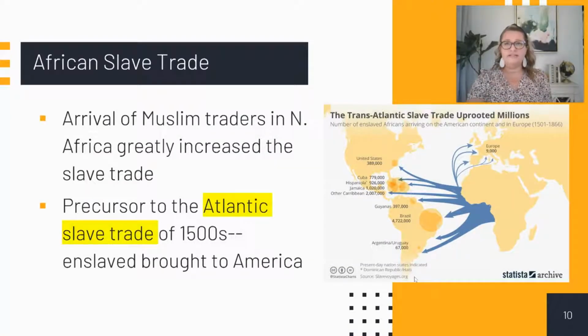Now, this enslavement became increasingly worse with the arrival of Muslim traders in North Africa, and greatly increased the slave trade. And in fact, we could consider the Trans-Saharan trade as a precursor to the more modern Atlantic slave trade of the 1500s, in which enslaved Africans were brought across the Atlantic Ocean to the Americas.